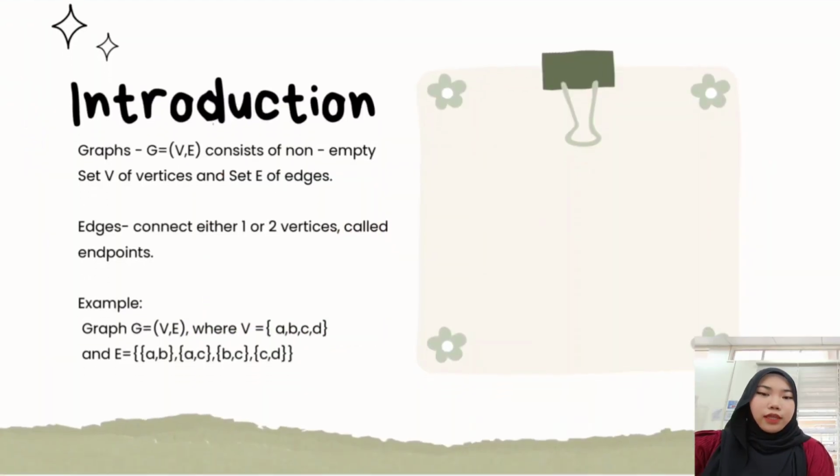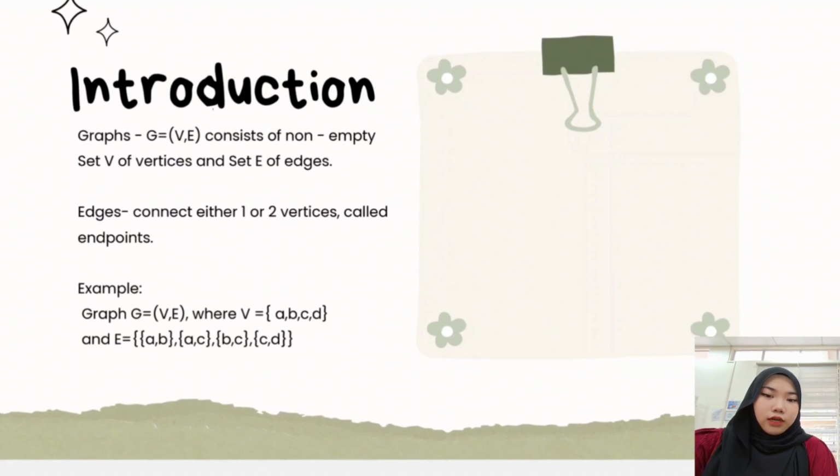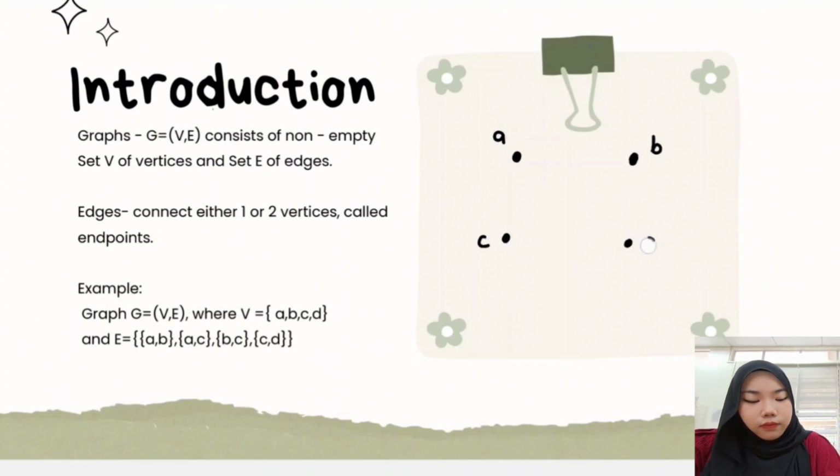I will begin with an introduction about graph models. A graph G = (V, E) consists of a non-empty set V of vertices and a set E of edges. Edges connect either one or two vertices, called endpoints. For example, graph G = (V, E) where V = {A, B, C, D} and E = {AB, AC, BC, CD}.